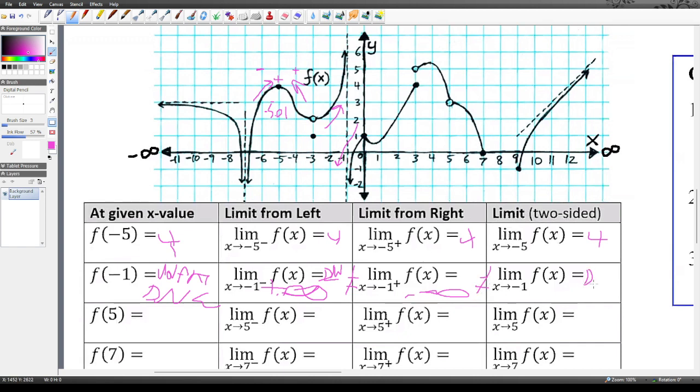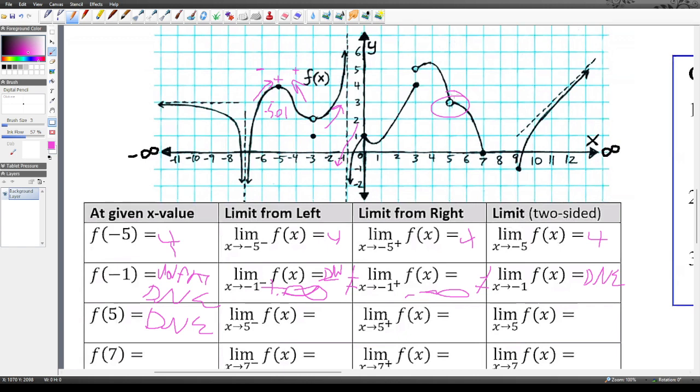So this would mean does not exist. So f of 5 from the function f of x, let's evaluate it now. Here we have it. Since there's a hole here, it does not exist, or undefined, my bad.